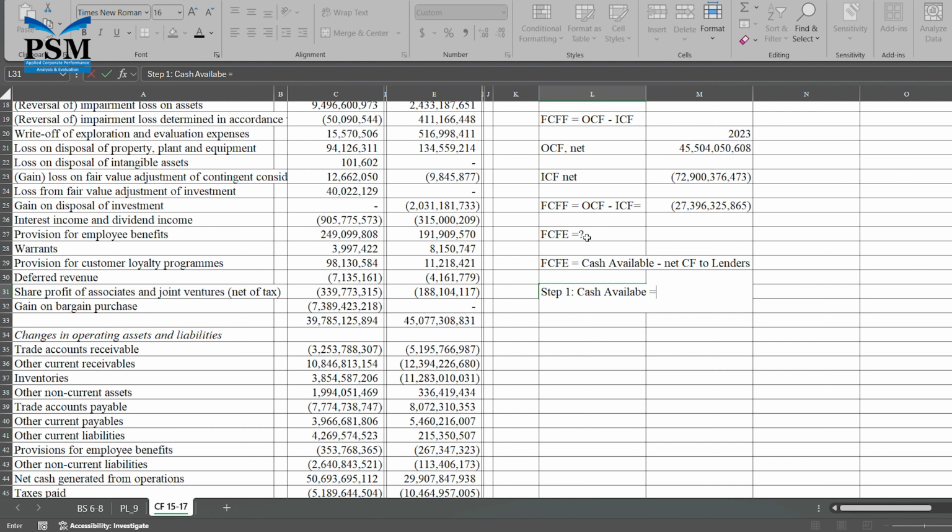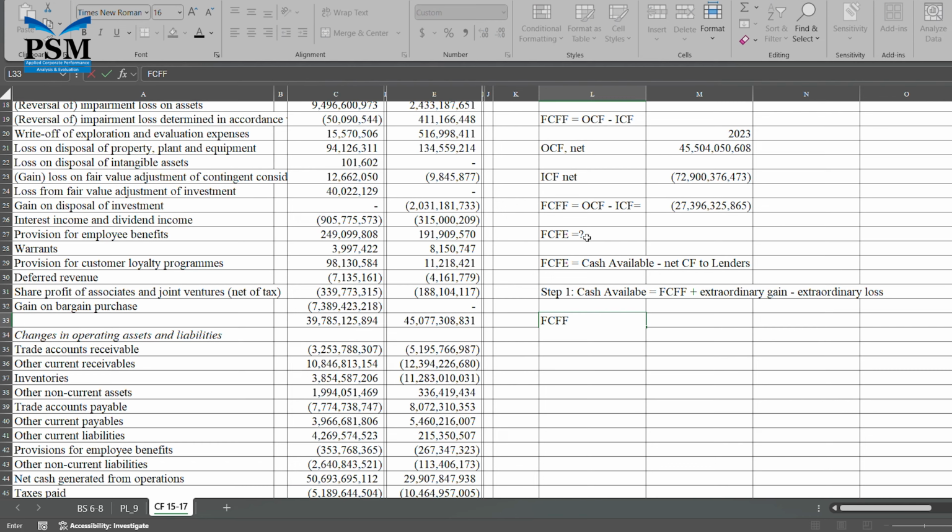Cash available equals the FCFF plus any extraordinary gain minus any extraordinary loss. Extraordinary here means a gain or loss not related to the business of the company, or any gain or loss that is not under the control of the management, like the movement of the exchange rate.